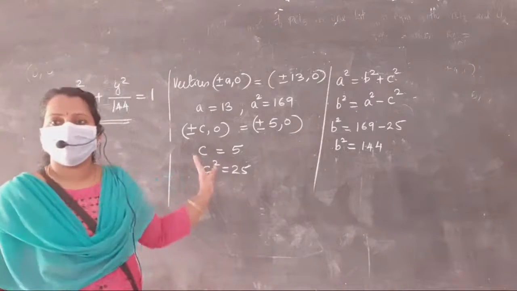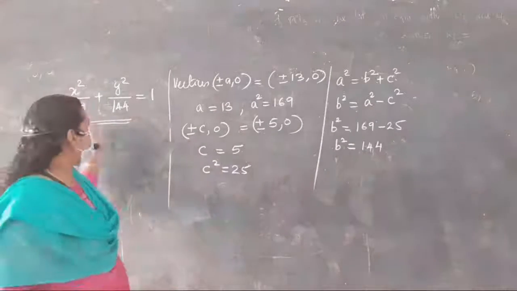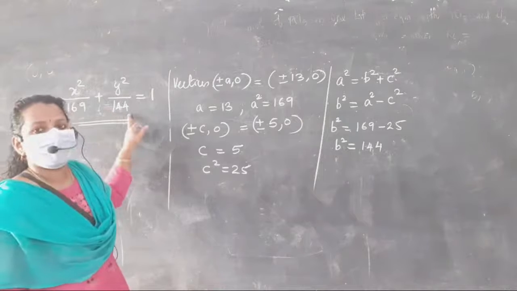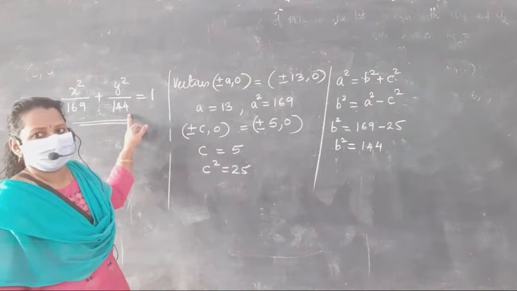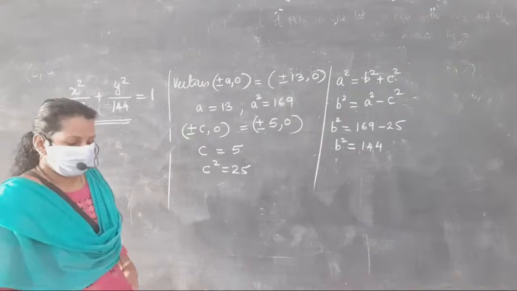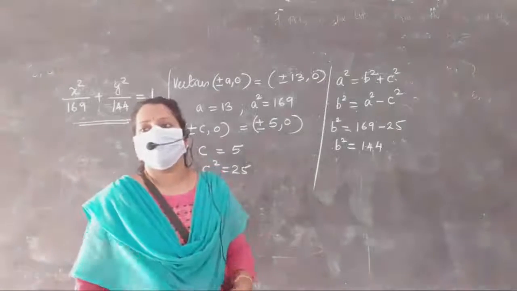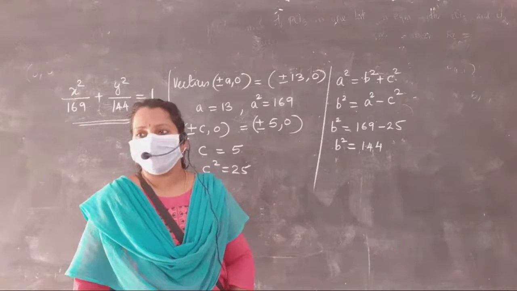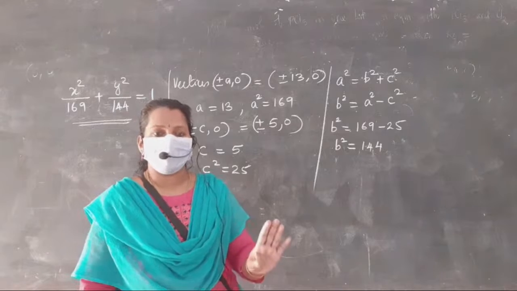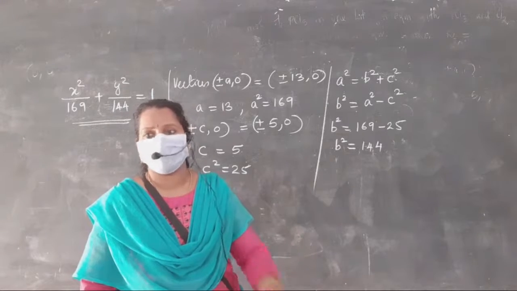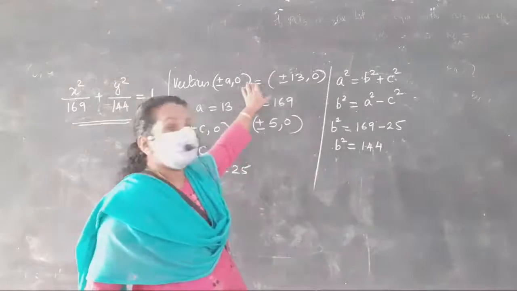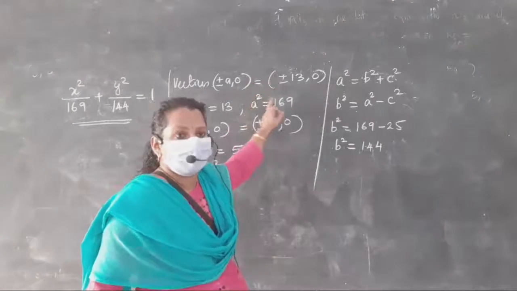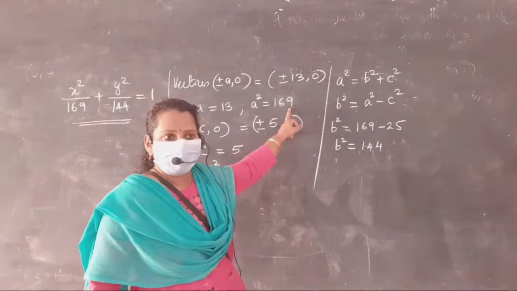ആദ്യ ഇക്വേഷനിലേക്ക് a സ്ക്വയറിന്റെയും b സ്ക്വയറിന്റെയും വാല്യൂ എഴുതാം. ഇക്വേഷൻ കണ്ടുപിടിക്കുക. ഇക്വേഷനിലൊക്കെ എന്തൊക്കെ വെച്ചാൽ മതി? a സ്ക്വയറും b സ്ക്വയറും. ഇവിടെ ഓൾറെഡി വെർട്ടിസസ് തന്നിട്ടുണ്ട്. വെർട്ടിസസ് നമുക്ക് a കിട്ടി. a സ്ക്വയർ കണ്ടുപിടിച്ചു.